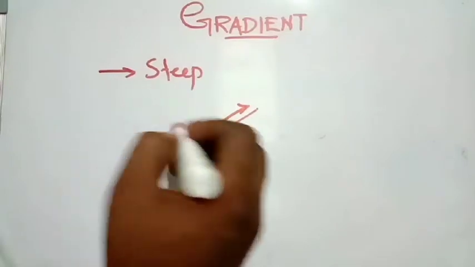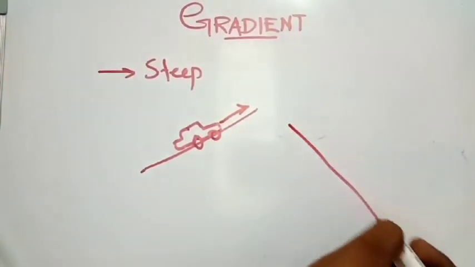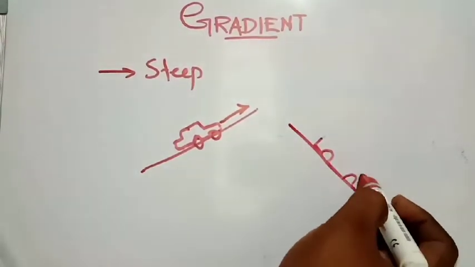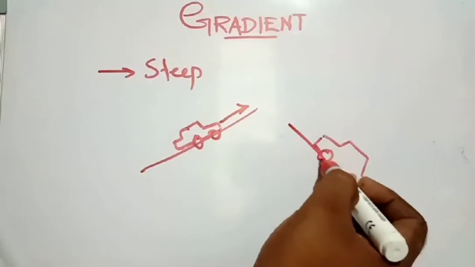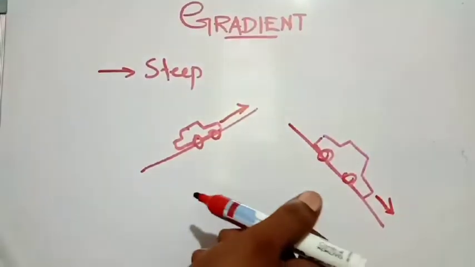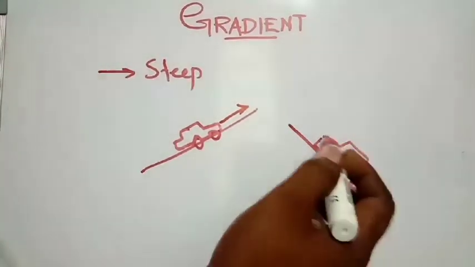Here the car is on a slopy surface which moves in the upward direction. And if you see this one, here suppose if the car goes down, we can say this is also a slopy surface where the car moves down.